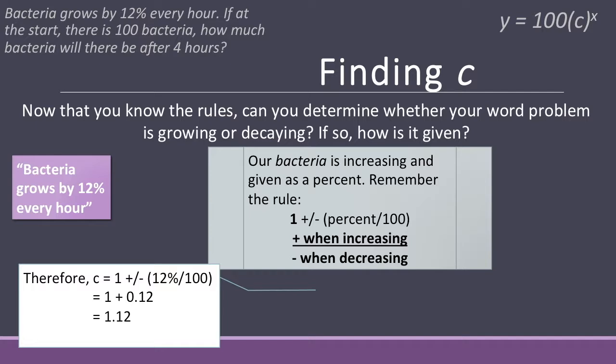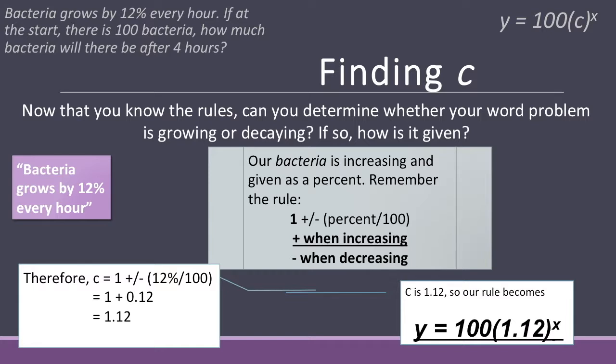Therefore, we'll have C is equal to 1 plus or minus 12% over 100, but in our case, it's going to be plus. 12% over 100 is simply 0.12. And if we add a 1 to that, we get 1.12. C is 1.12, so our rule becomes y is equal to 100 times 1.12 to the power of x.